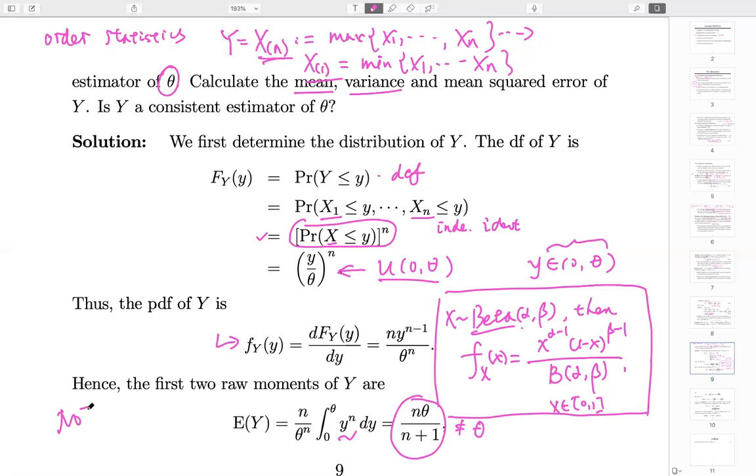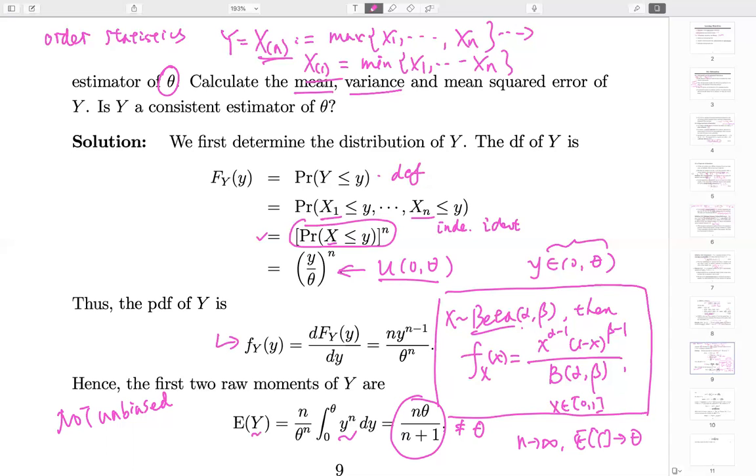It means it's biased. And we can actually calculate the bias. But the good thing is when n goes to infinity, this obviously approaches theta. That's very obvious to observe. So it's actually asymptotically unbiased.